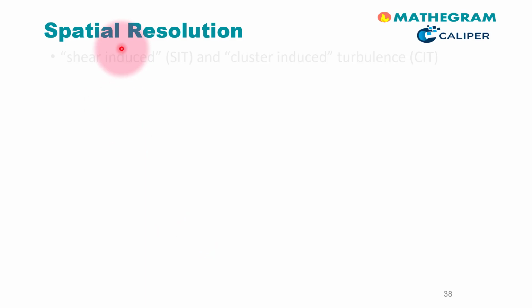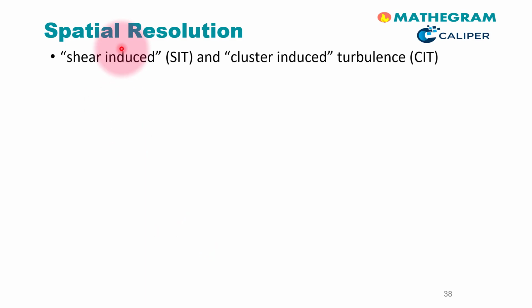In the CFD field, this is typically done based on considerations on the smallest size of turbulent eddies that should be resolved. In addition to the single-phase turbulence considerations, note that such turbulent motion is induced mainly by fluid shear and hence often called shear-induced turbulence, SIT.